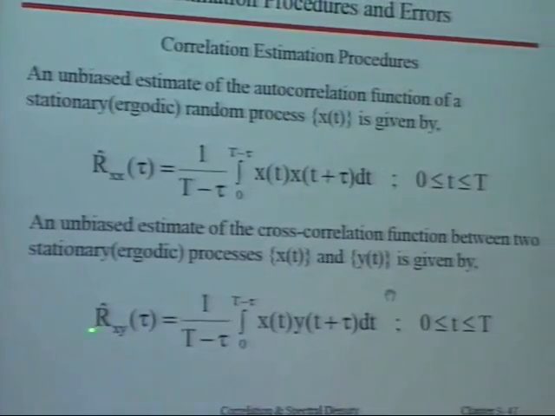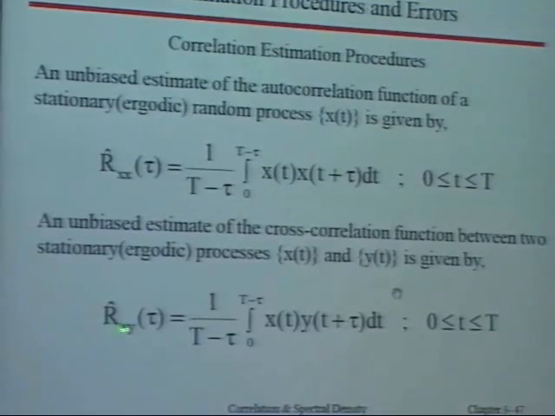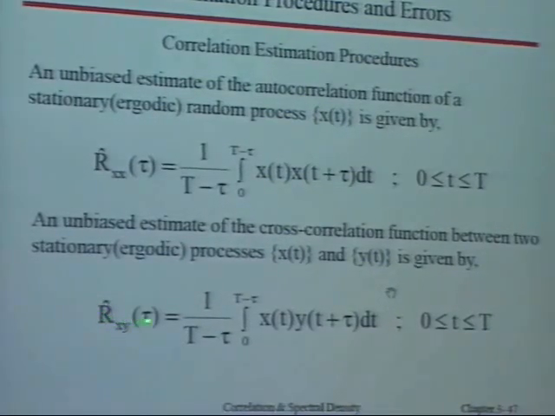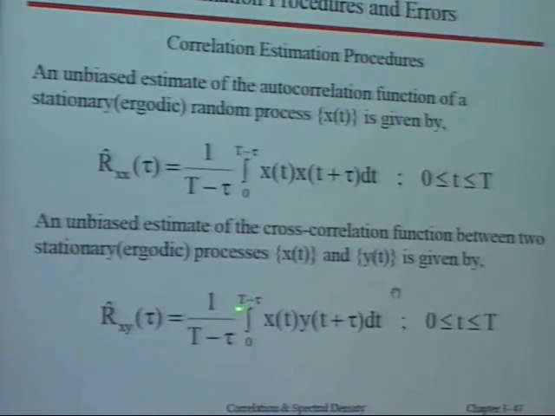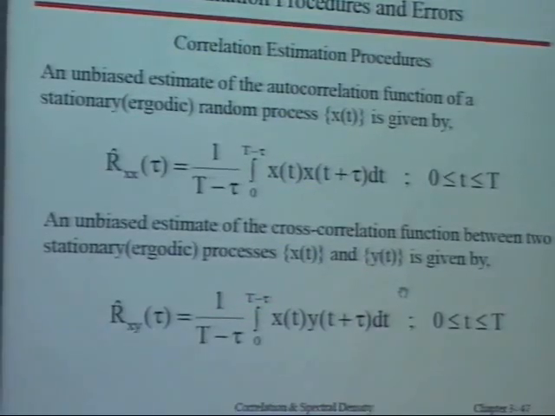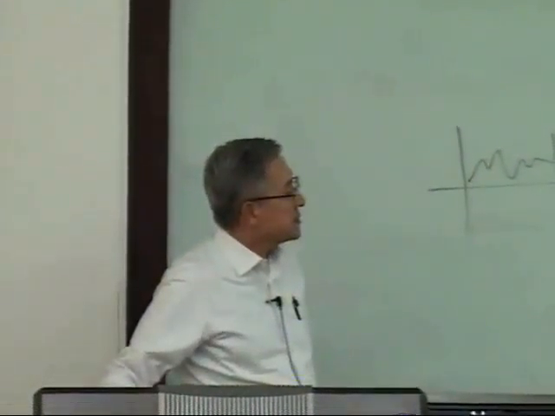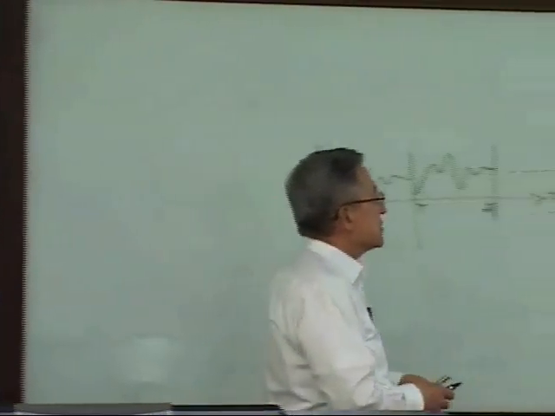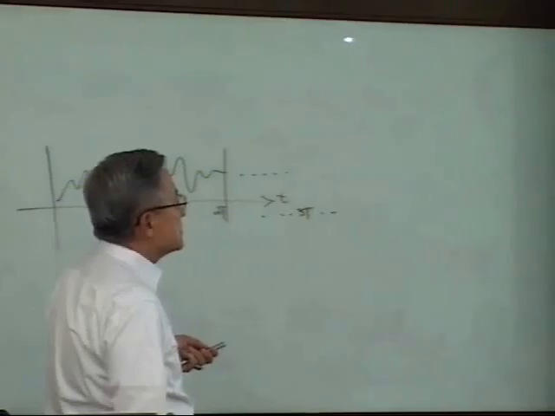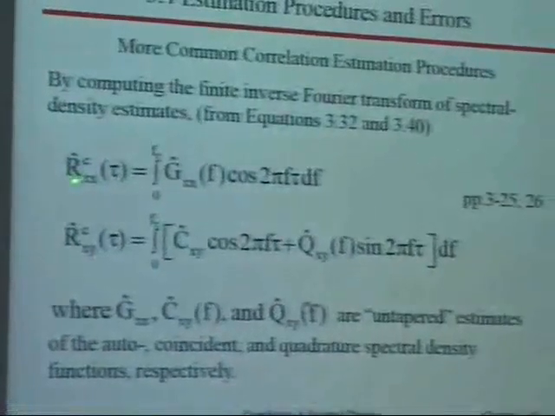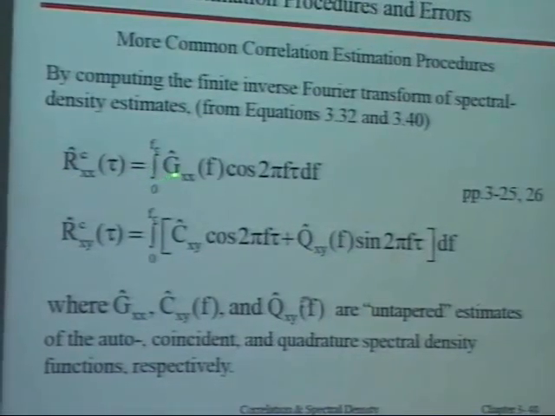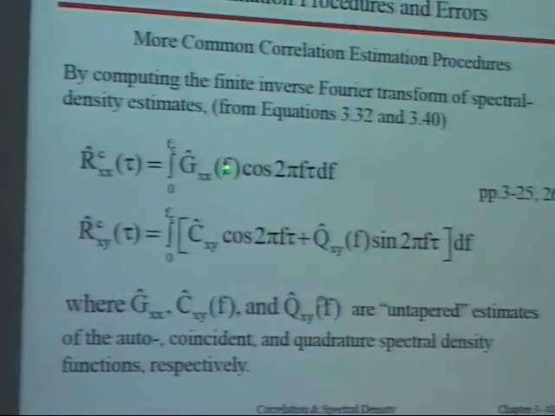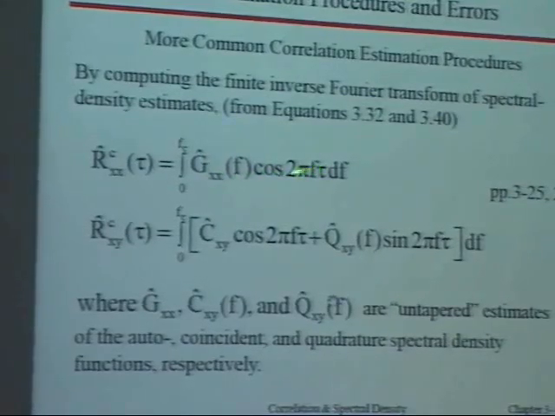And this is the cross correlation function, and this is the estimate. It's still the same; the range is T minus tau. The problem is this: getting the autocorrelation function using the inverse Fourier transform. This is the inverse Fourier transform.